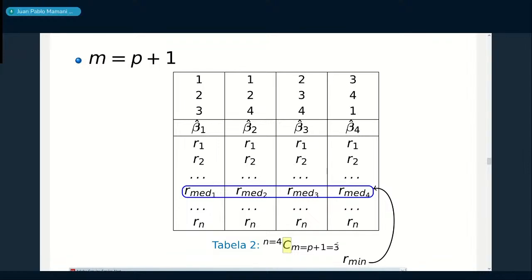Then we fit the model, we have the fitted parameter, and we get the eigenvector associated with the highest eigenvalue of F.